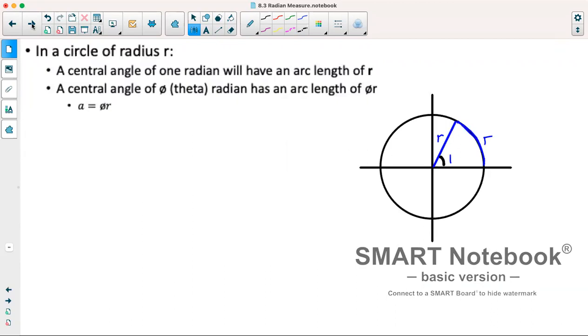So first thing we'll talk about is our arc length and angles in radians. Essentially, if we have a central angle of 1 radian, what that means is our radius is going to be the exact same length as our arc.